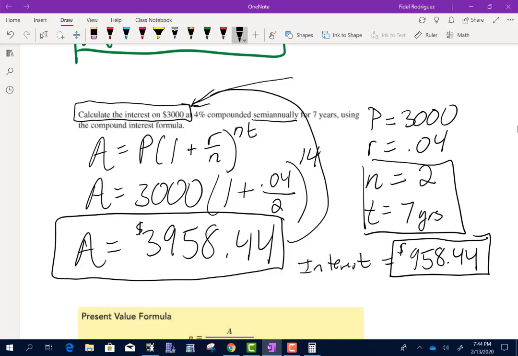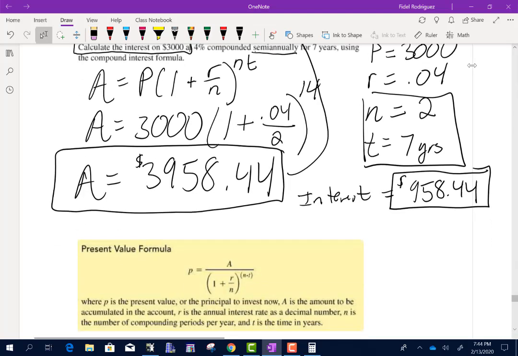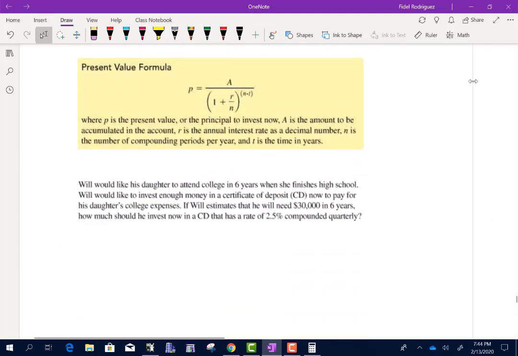All right, I'm going to scroll down a little further so we can take a look at the next thing we got here. And we have something called the present value formula. Okay, so it says present value formula. Here it is. It says P equals A divided by parentheses 1 plus R over N to the power NT.